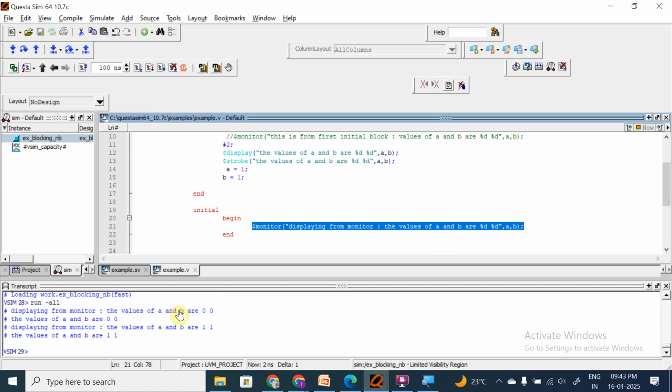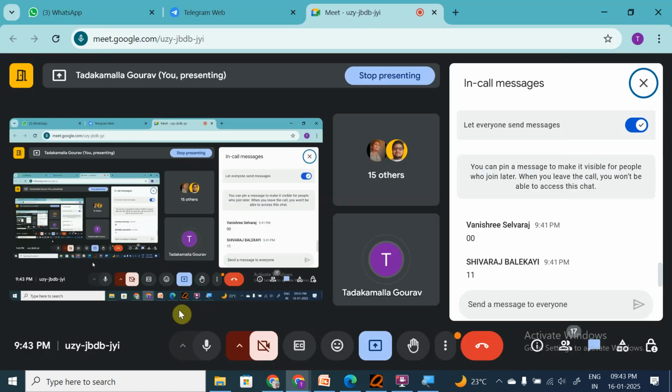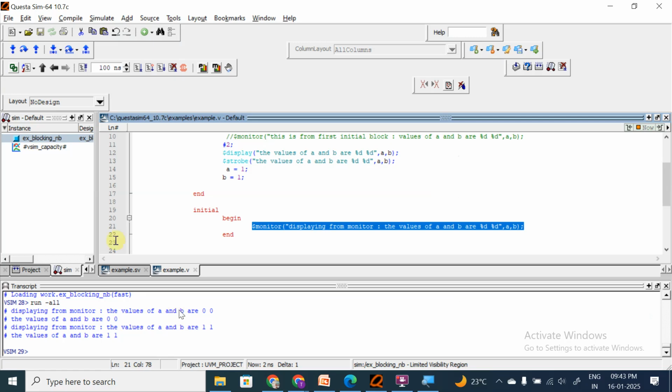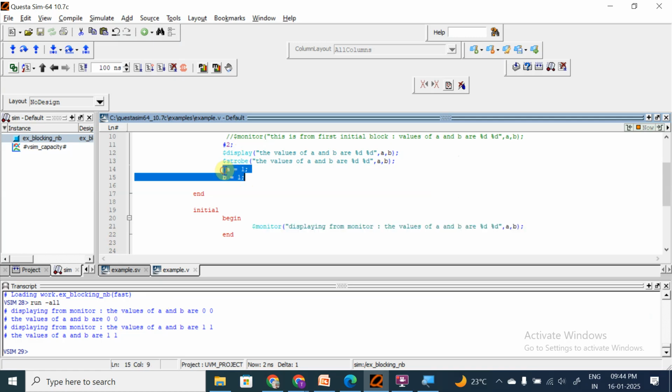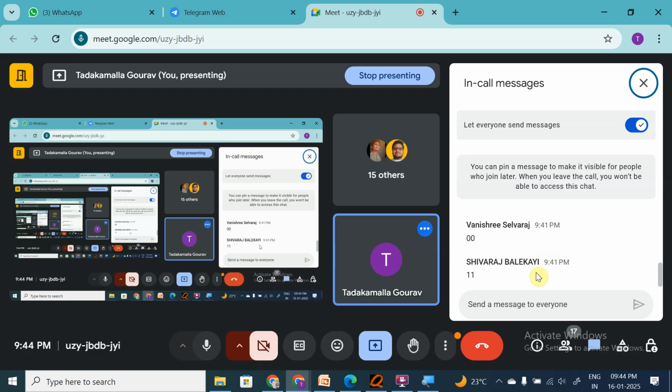And between $strobe and $display, if I use $display before the assignment, I'm not getting the assignment values. But if I use $strobe, it is executed at the end of the time step, so I can print these particular values. But in $display, I cannot capture these values if I use it before the assignment. Is it clear?